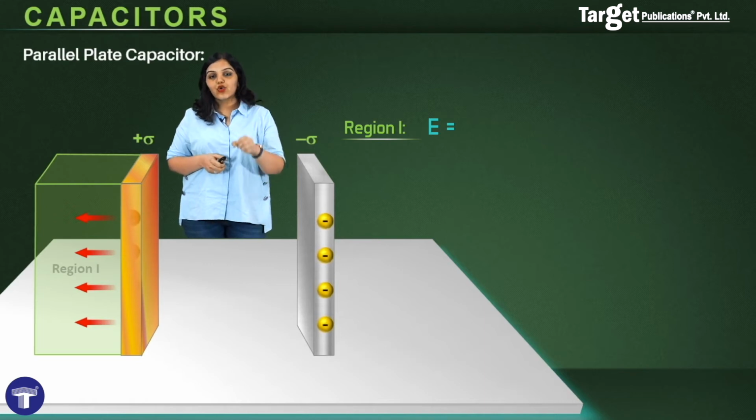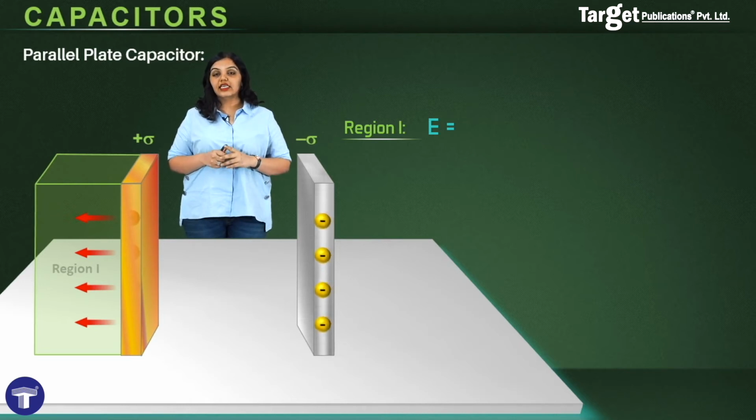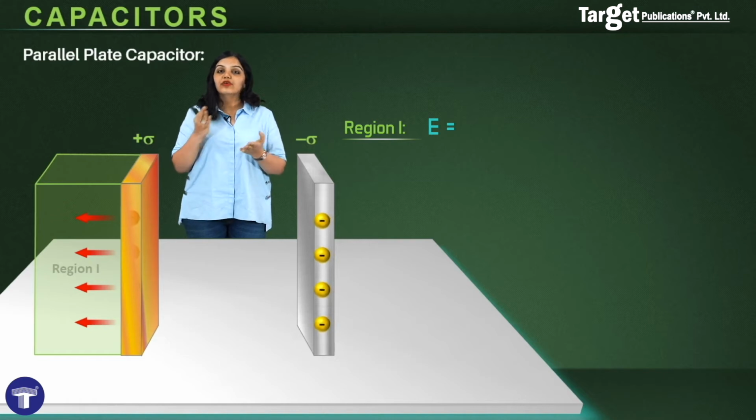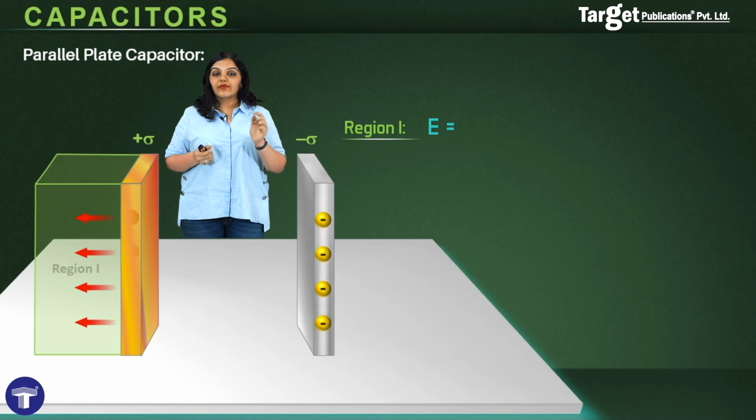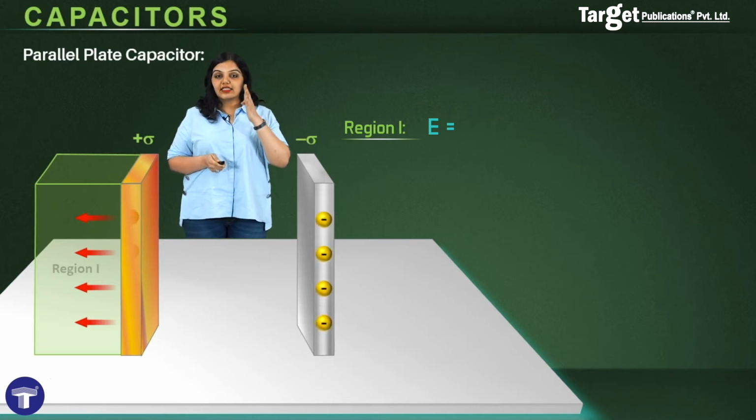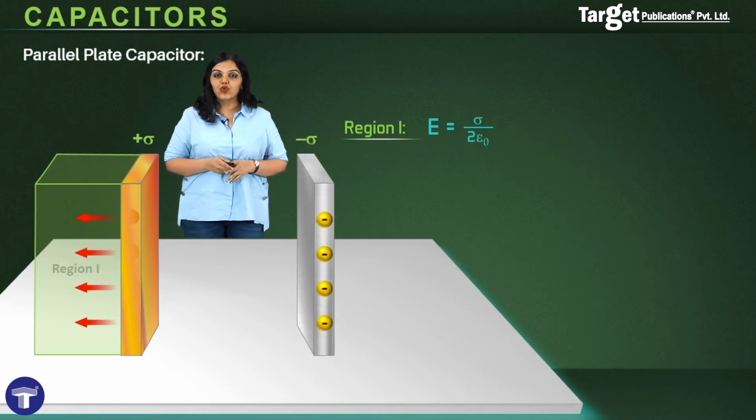That is, I will assume that each of these plates is an infinite plane carrying charge density equal to sigma, and therefore I will use the formula for the electric field due to an infinite plane. And when I use that formula, I know that this will be sigma upon 2 epsilon naught.